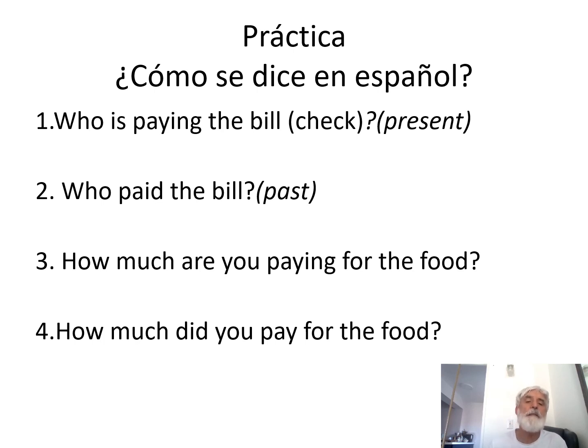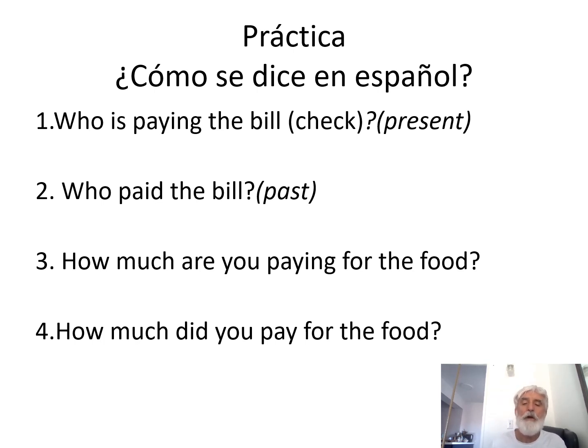So who is paying the bill? Notice the first question is in the present tense. And to pay, you should know the verb to pay. It's pagar. So let's try to do this. The verb is pagar. It's in the present tense. The subject is who. It's an AR verb, so we have to get the stem of pagar. It'll be pag.